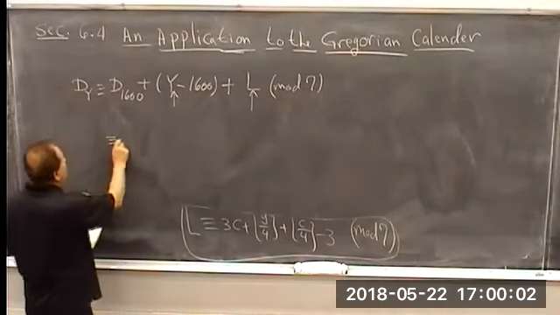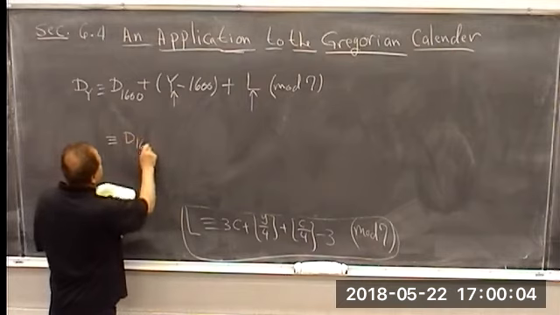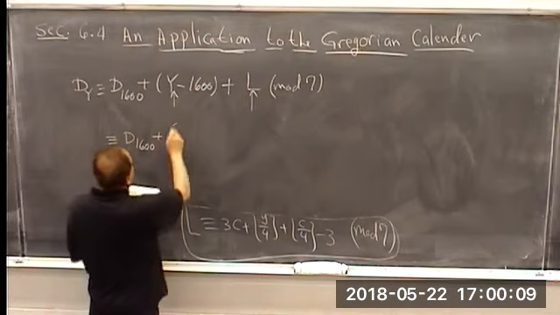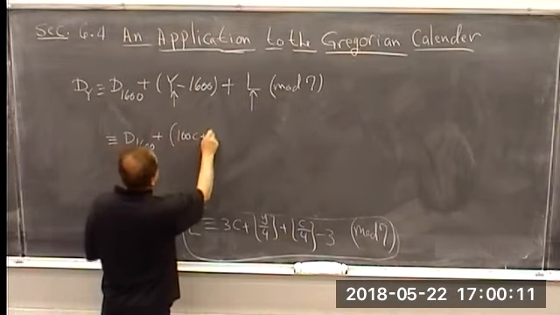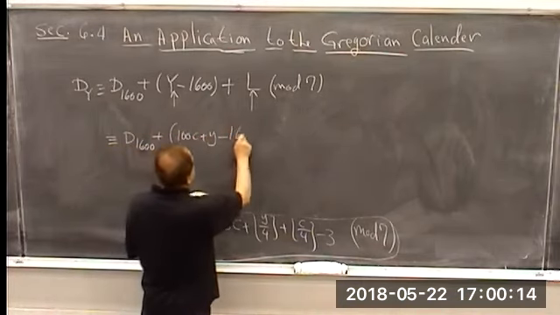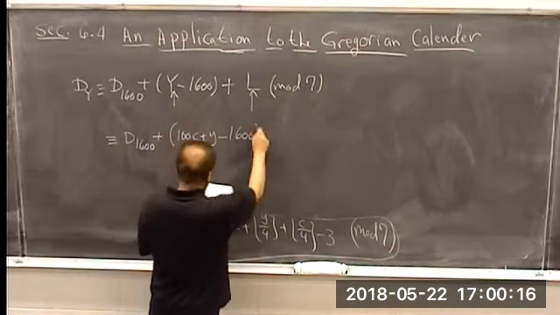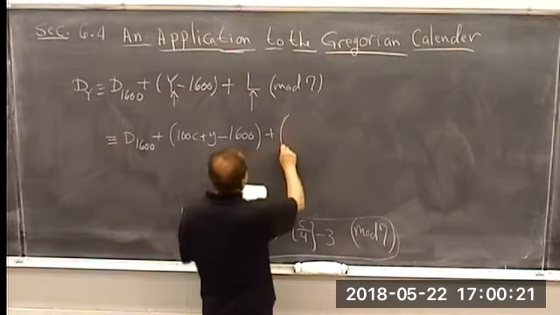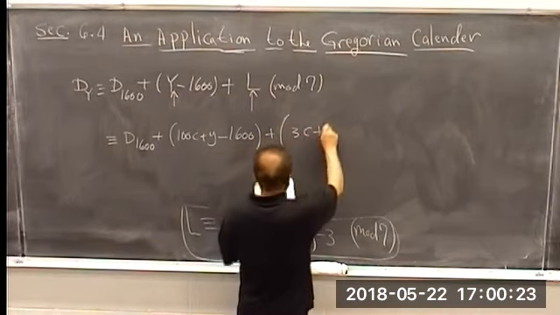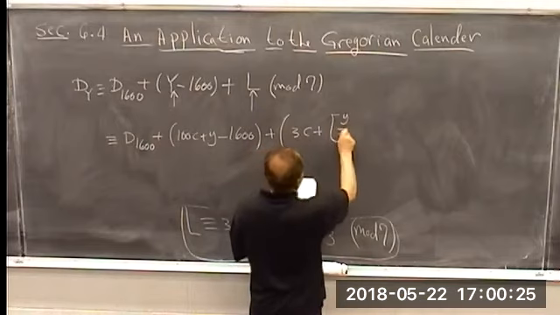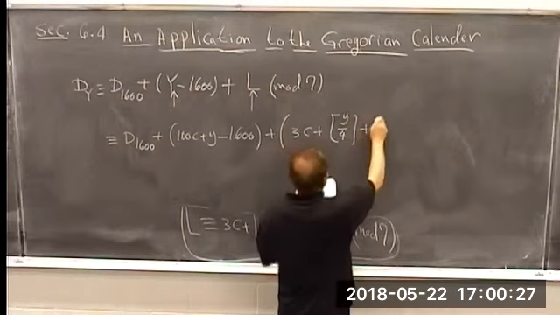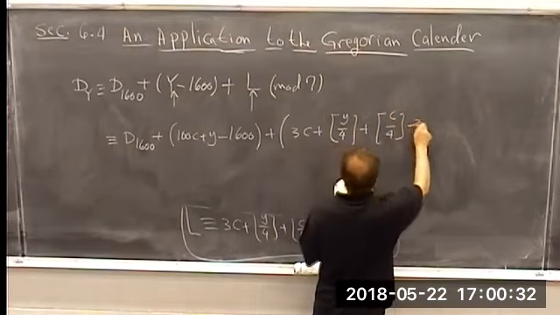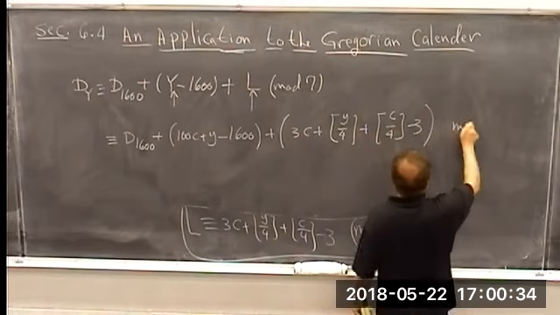So this is congruent to D1600 plus, for the Y, 100C plus little y minus 1600. And the final form of the L is 3C plus y over 4 plus C over 4 minus 3. And all of this is mod 7.